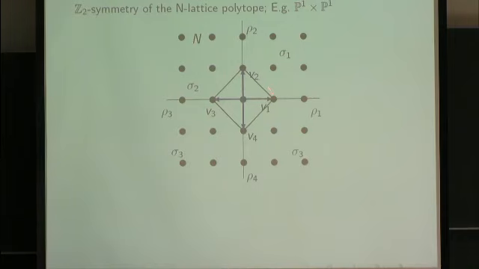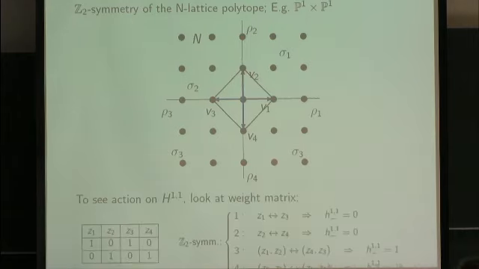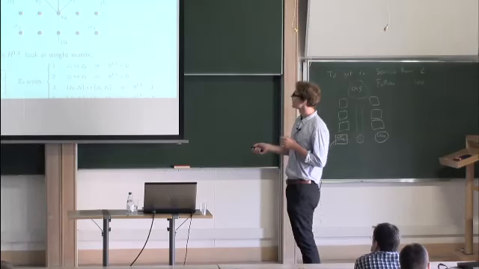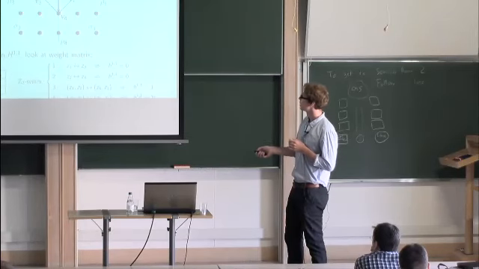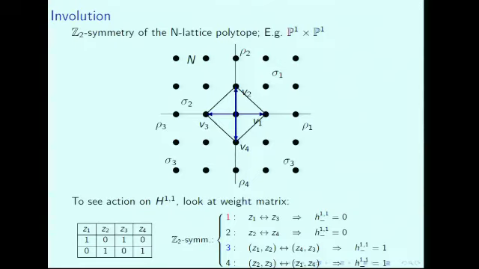So let's assume for the moment the two del Pezzos correspond to the coordinates Z1 equals 0 and Z3 equals 0. So each of these rays corresponds to a homogeneous coordinate, and perhaps I reveal this. So these here are the homogeneous coordinates and the weights of the homogeneous coordinates. This ray corresponds to Z1, Z2, Z3, Z4.